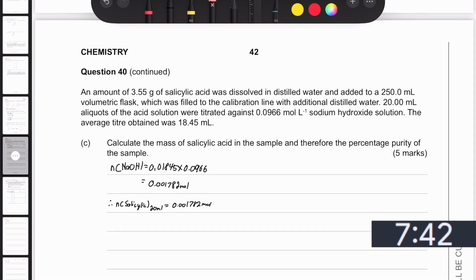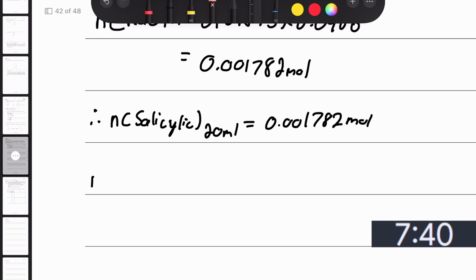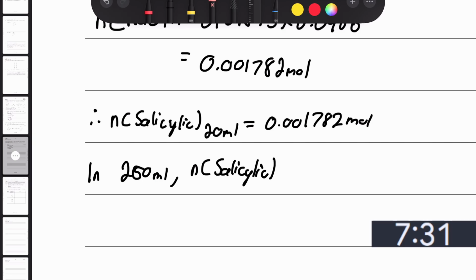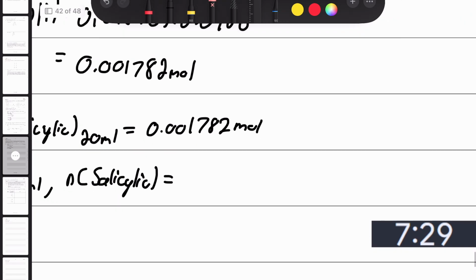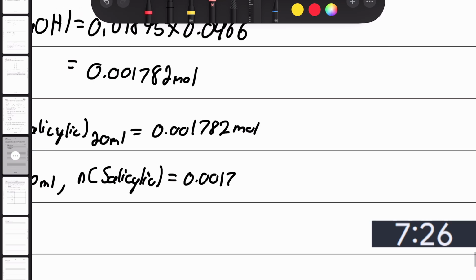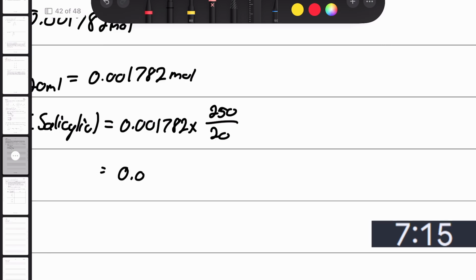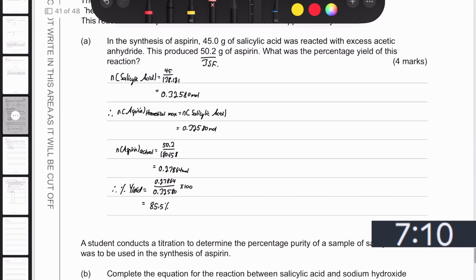So then in 250 milliliters, the number of salicylic is equal to 0.00178 times 250 divided by 20, which is 0.0223 moles.